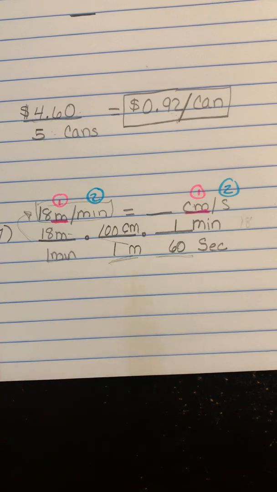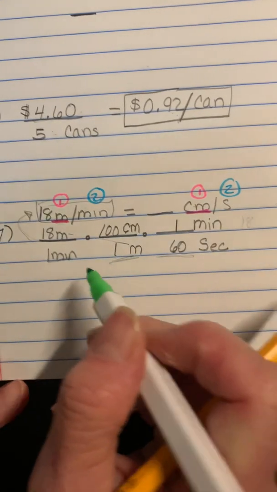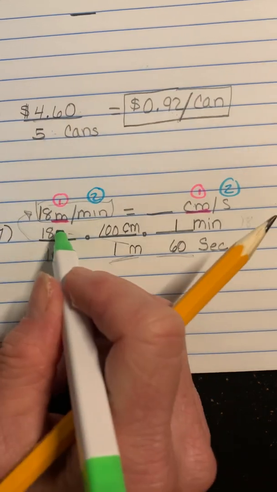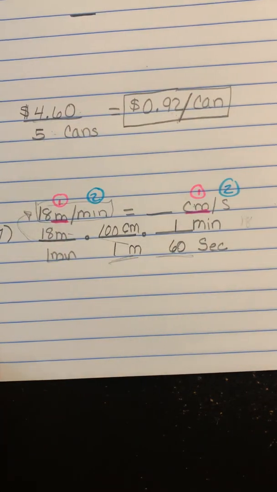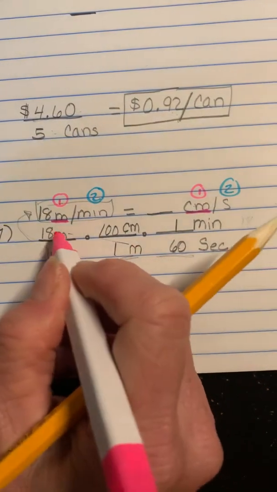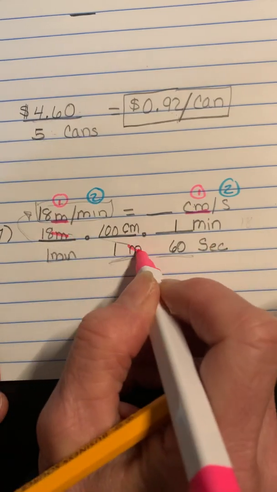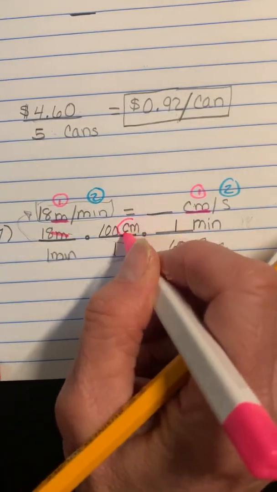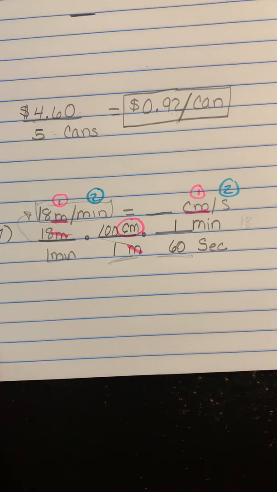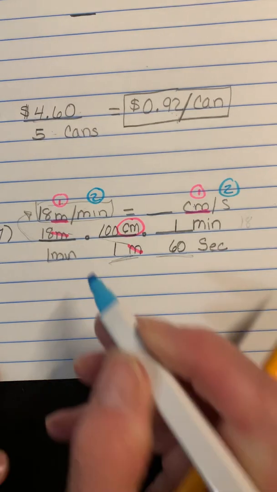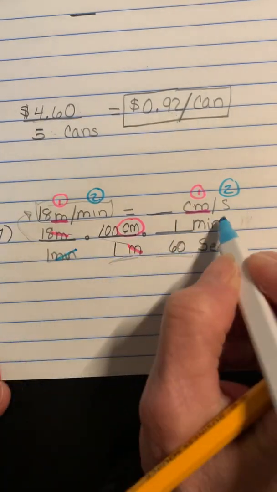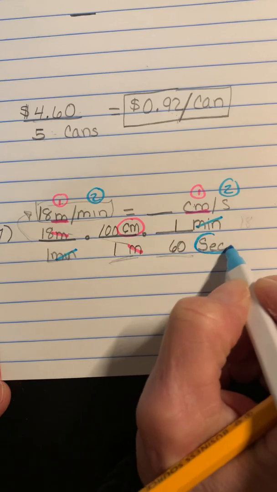Now I can do some canceling on this. So I'm going to look at this and go, all right, I think I'll do it in the pink so you can see that's my first conversion. I'm going to cancel the meter and meter, and I'm left with centimeters, and that's what I wanted. And then I'm going to take the blue and I'm going to cancel minutes and minutes so that I'm left with the seconds.